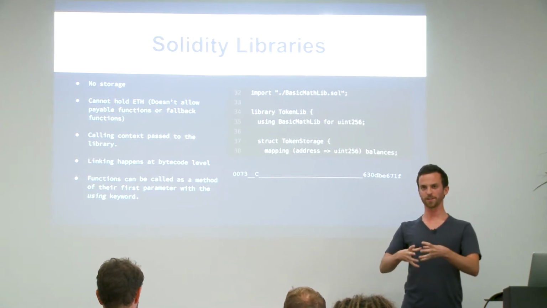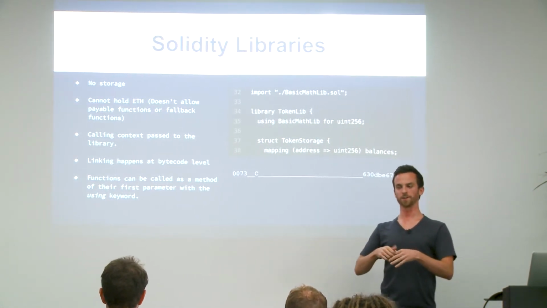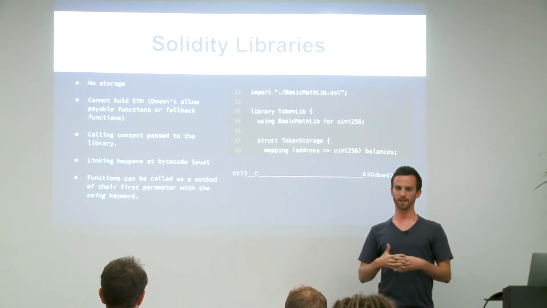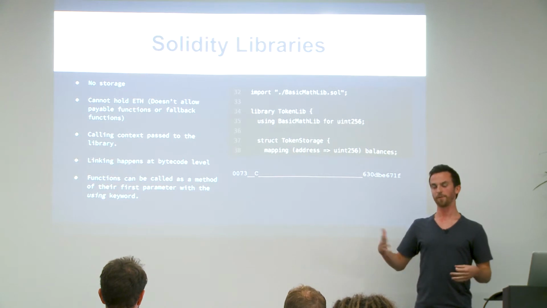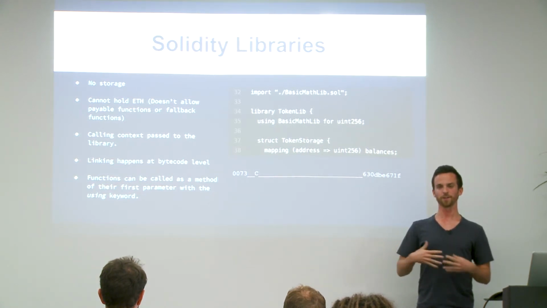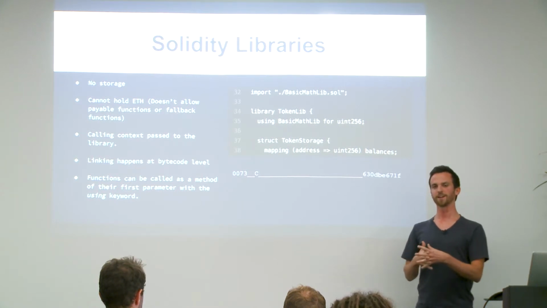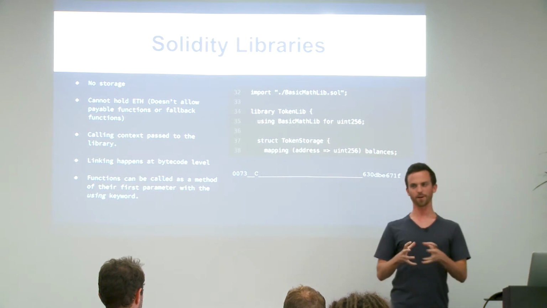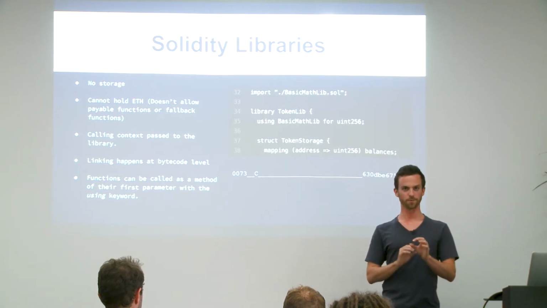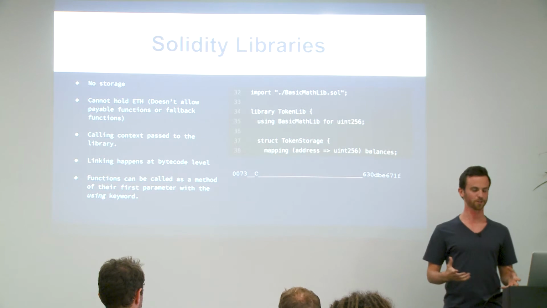Payable just means a function that you can call while sending ether to as part of that transaction, and it doesn't have a fallback function. And a fallback function is a function that's called when you send ether to a contract without an actual function call. So the libraries are just for executing different functionality.